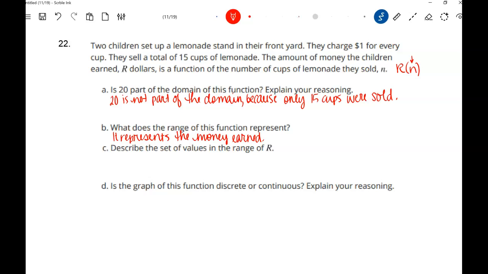The set of values in the range of R: if they sold 0 cups, they made $0. They can't make negative dollars. Also, they charged $1 for every cup, so they couldn't make $1.50. So, whole numbers from 0 to 15.